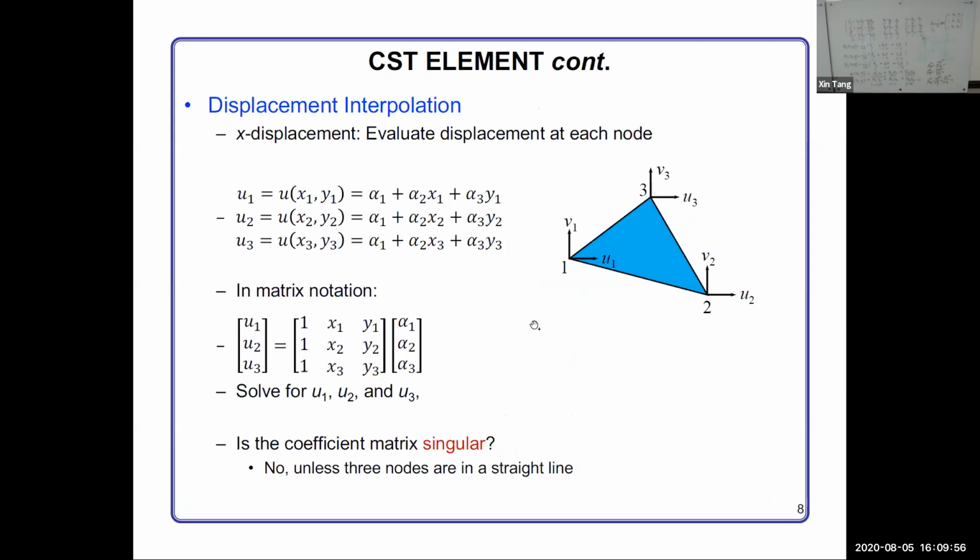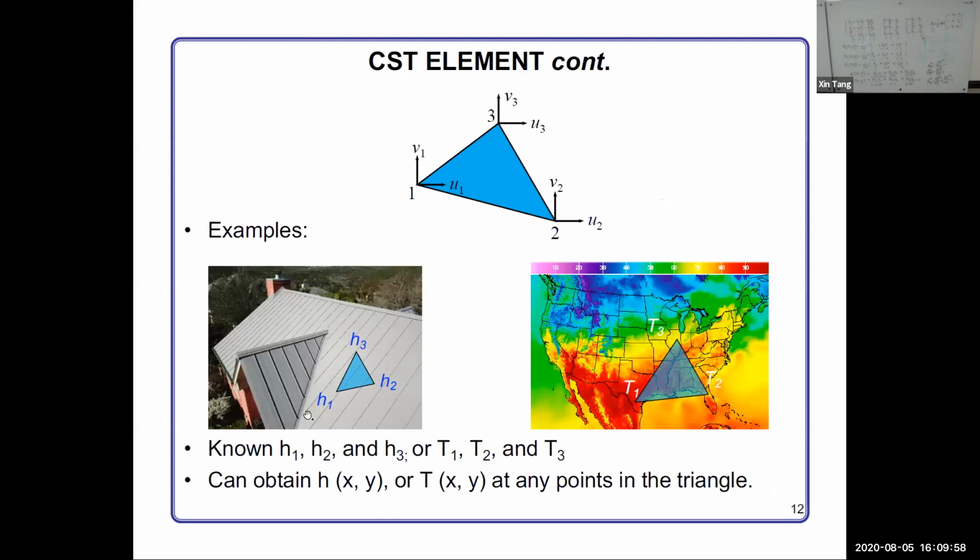And I have given you the example of the roof, right? On this flat roof, if we know the height of each of the 3 points, 3 nodes, and if we know the coordinates x and y of each point, we can exactly fit and find out the height of any point in this triangle.